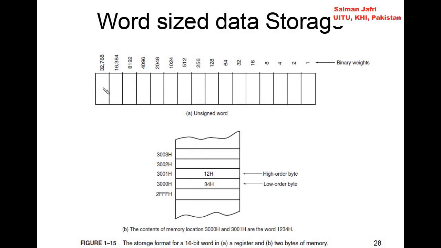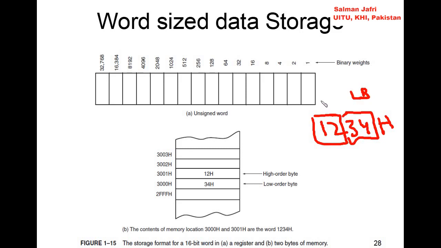It is an unsigned word. Let's suppose we want to store the word 1234H. It consists of 2 bytes. In one byte 12 would be stored, and in the second byte 34 would be stored. Now this byte is called the low byte, and this byte is called the high byte.